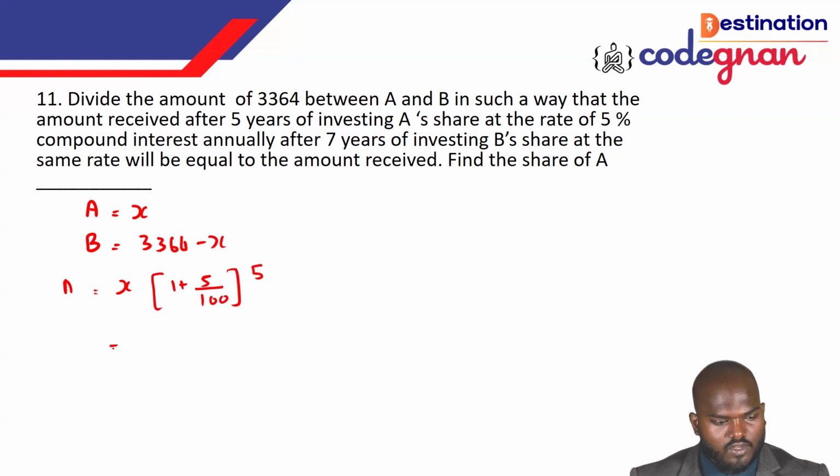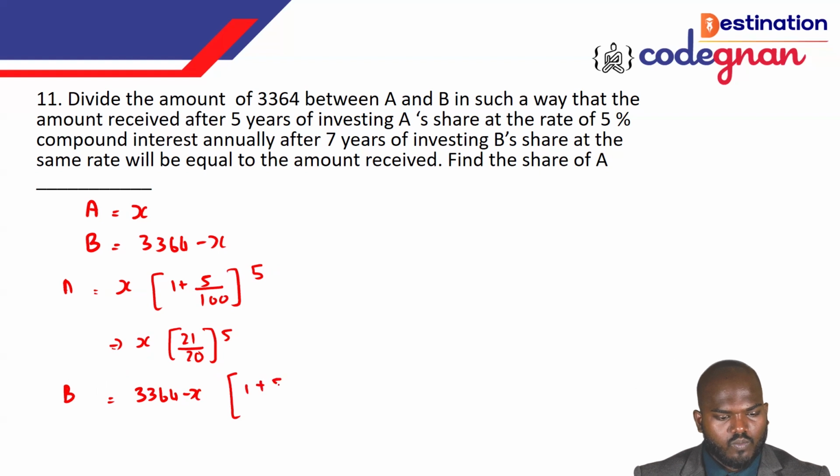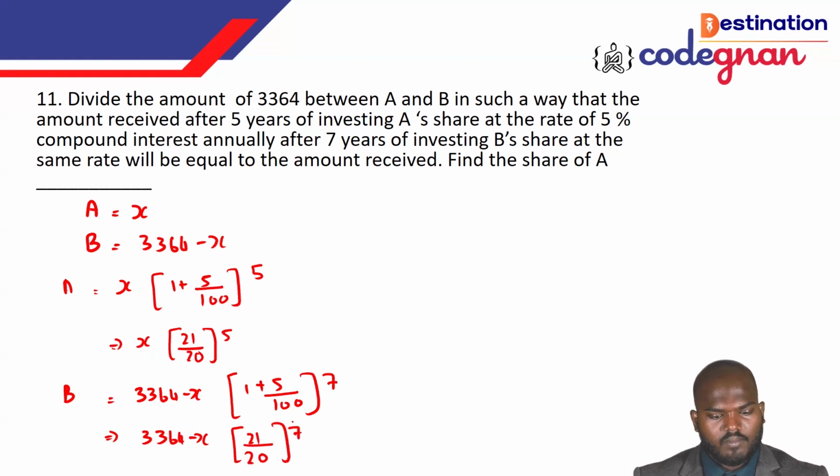After simplification, it will give you 21 over 20 to the power 5. For B, the principal is 3364 minus X, and that gives 1 plus 5/100 to the power 7, so 3364 minus X times 21 over 20 to the power 7.